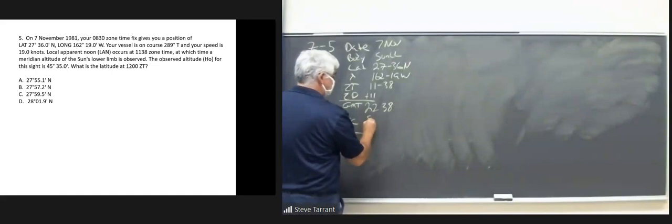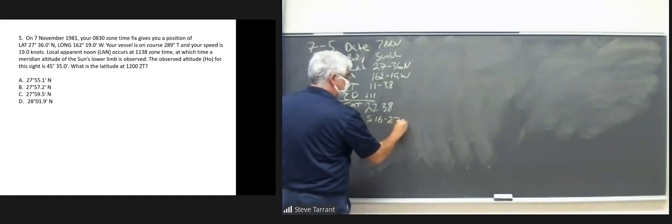So I go to 217, I go to November 7th, I go to 2200, and it looks like the declination of the sun at 2200 is south 16 27.4. Is that right? Okay.